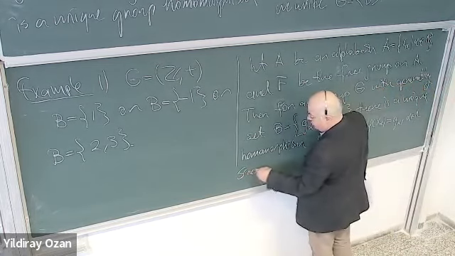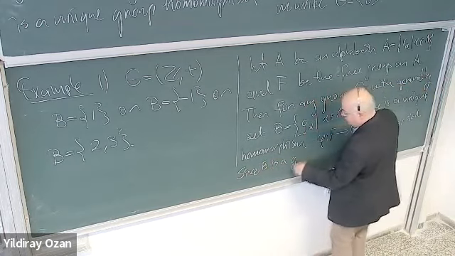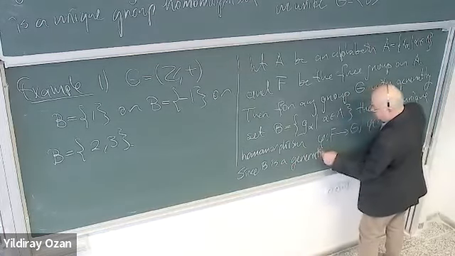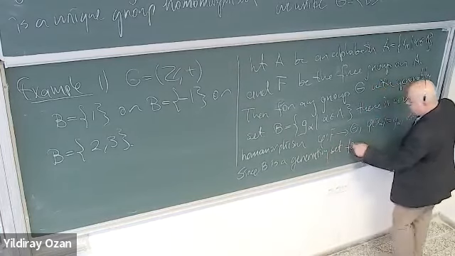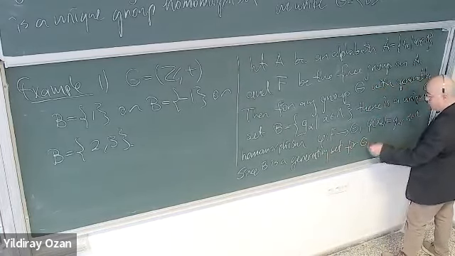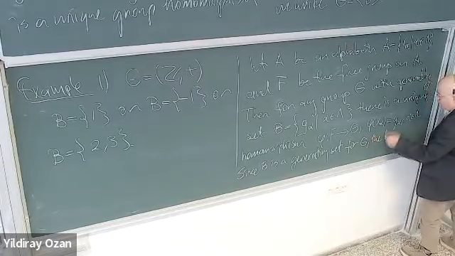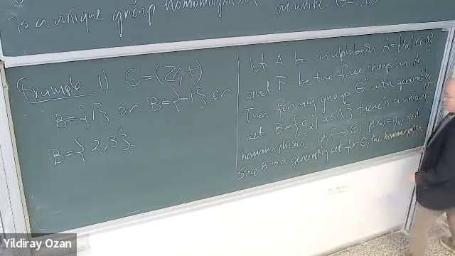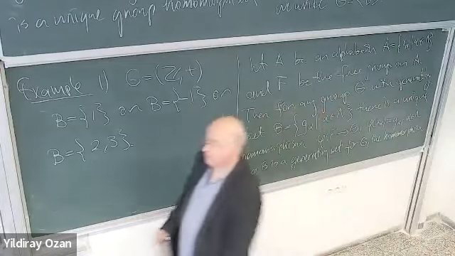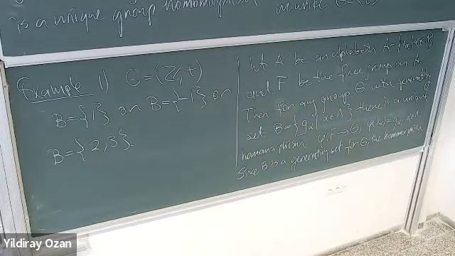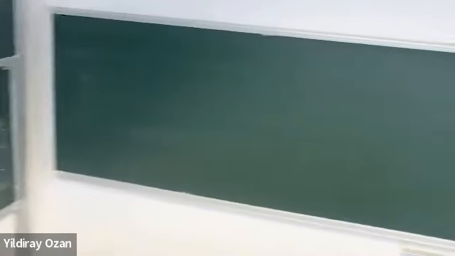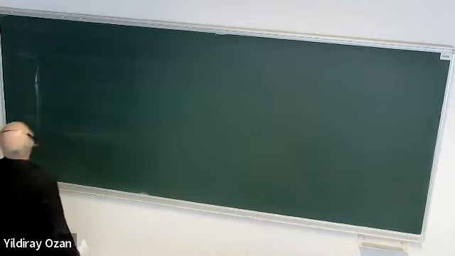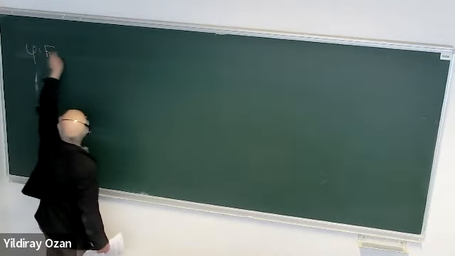Since B is a generating set for G, the homomorphism phi from F to G is onto.